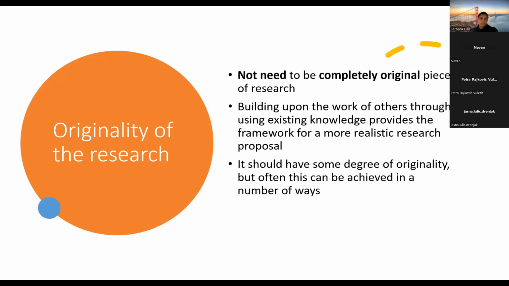Of course, it should have some degree of originality, but this originality can be achieved in numerous ways, and I will give a few examples of how to make your research original by building it on the previously researched topic.